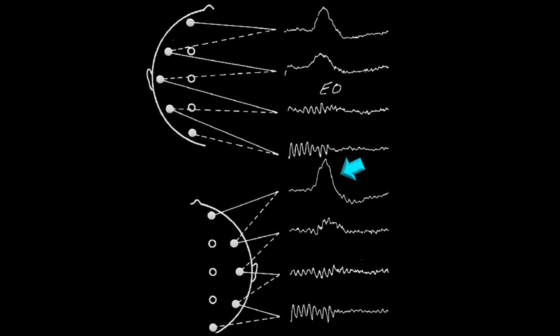Here I am pointing to the same activity, that is the eye opening, now on the right hemisphere. As you can see, it is usually bilateral, as well as the disappearance of the alpha activity.